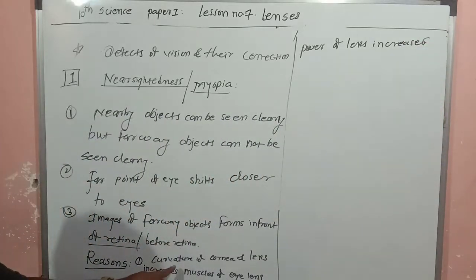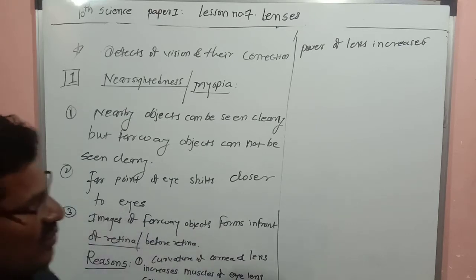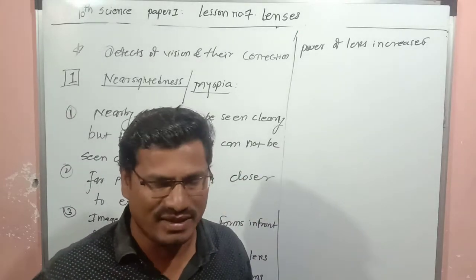What is the point? Curvature of the cornea and lens increases. Muscles of the eyes cannot get relaxed, so converging power of the lens increases.